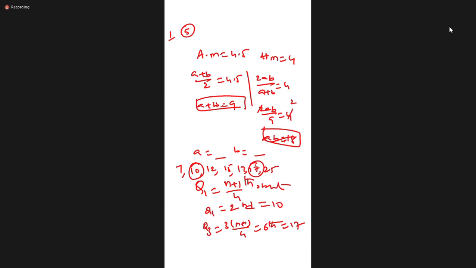So here the concept is that standard deviation is independent of shift.